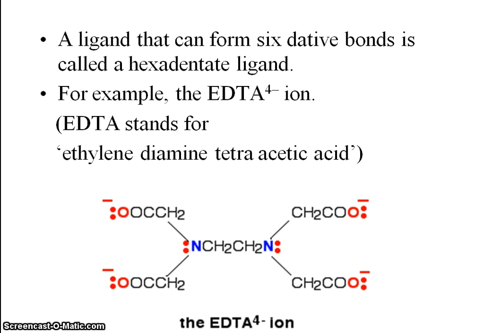It's an old naming system. But there's the ligand, EDTA 4-, so 6 lone pairs makes it a hexadentate ligand. So the lone pair is on the oxygen with the negative charge, and a lone pair on the nitrogen.